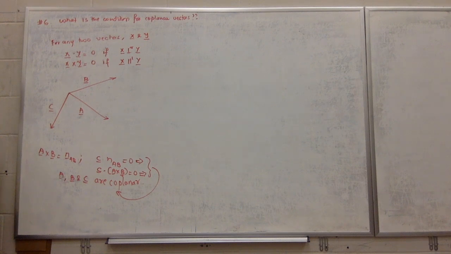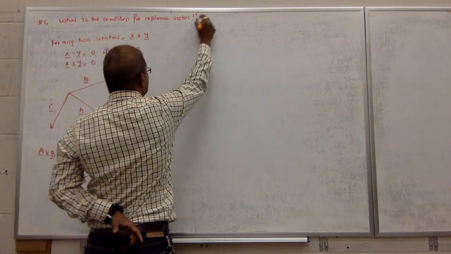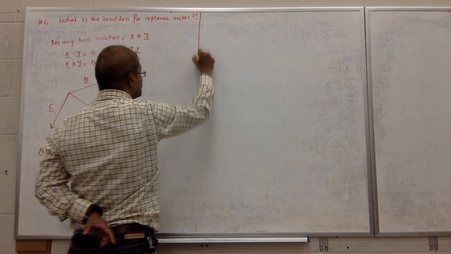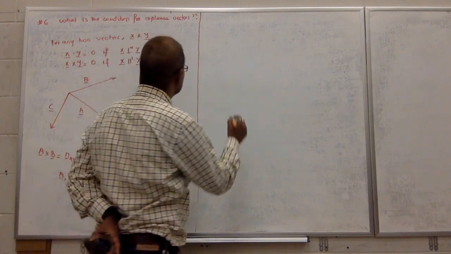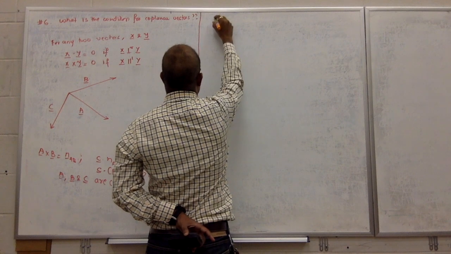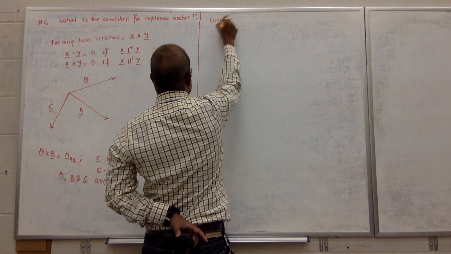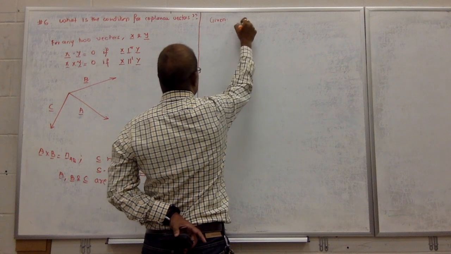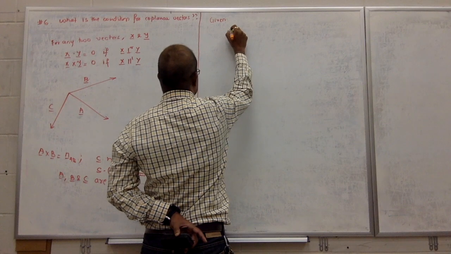Alright? Is this easy? Now the last one. What does it say? What is given? UT and UN are perpendicular.